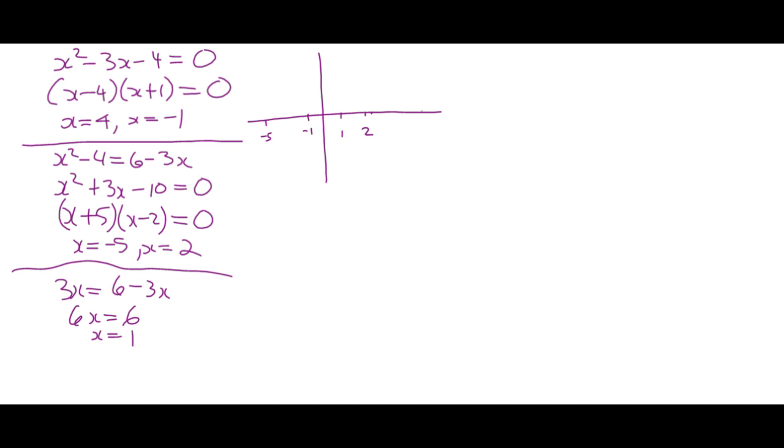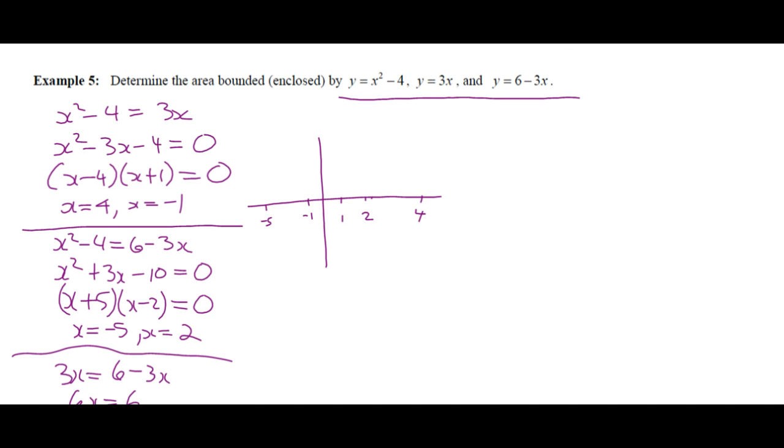And this guy is a negative 4, so x squared minus 4 is down here, right? So we need this guy at 4, so when x is 4, this is 12. So we've got the point 4, 12. And when this is negative 1, then this will be negative 3. So negative 1, negative 3.